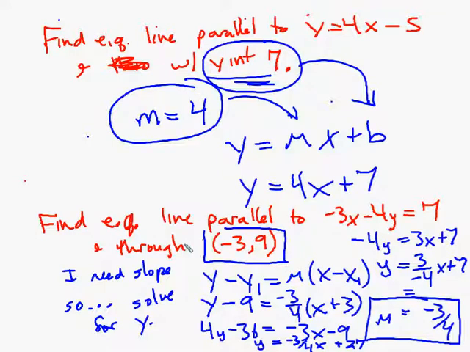Any questions? Now I'm not going to do as many examples of perpendicular lines as this because the process is very similar, but with one minor difference. Why, whenever you got rid of the negative 4 on the negative 4y, why isn't it 7 divided by negative 4?